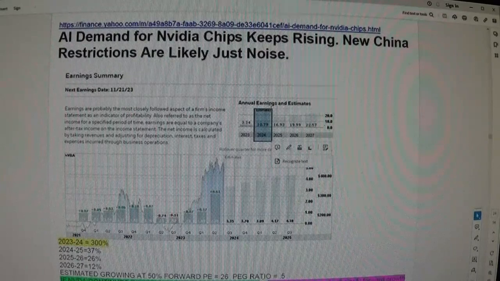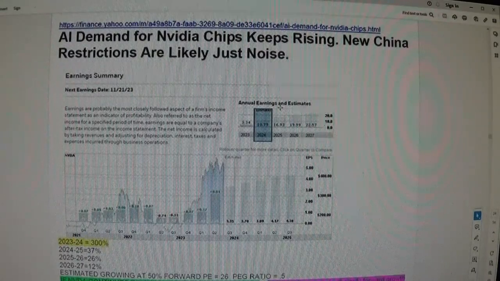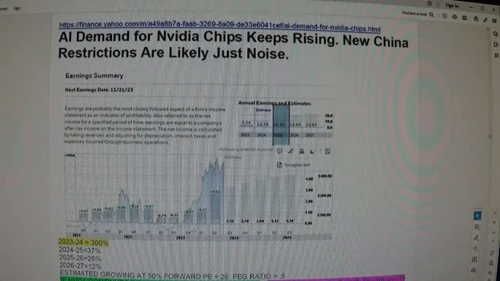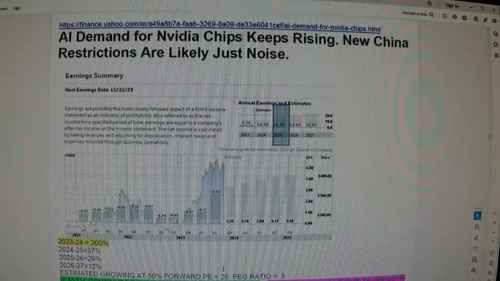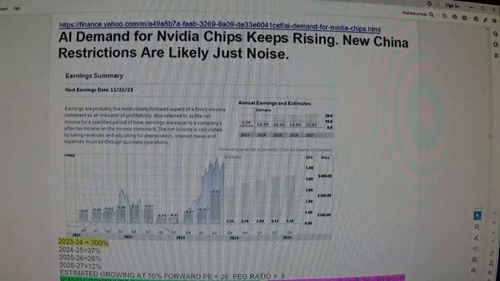So based on what they say in their earnings call this year, they might guide to growing another 300%, but we don't know that. So it's almost impossible to really value this. That's why it's kind of an unknown right now.